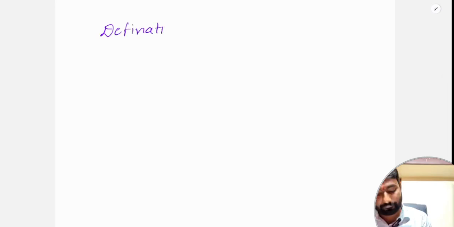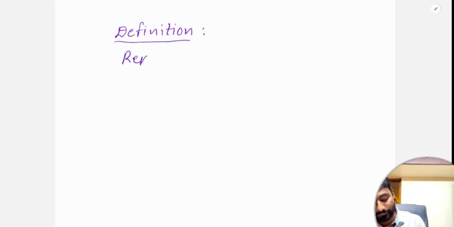Now we'll start with definition. So, students, as the name implies, carbohydrates are hydrates of carbon. So they are generally represented as Cn(H2O)n.